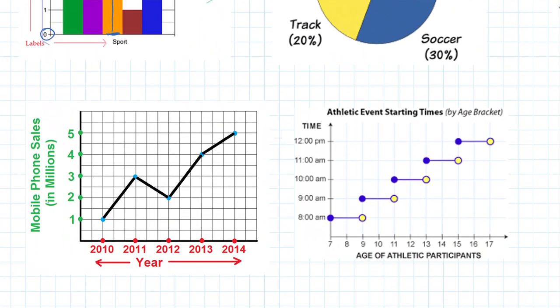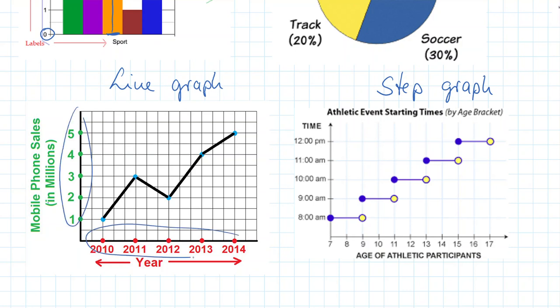Two other very common kinds of graphs are line graphs and step graphs. In those two, we are having lines. Let's focus on the line graph first. The line graph has 2 axes. That's an axis, that's an axis, and they need to be labeled to let you know which information is given.